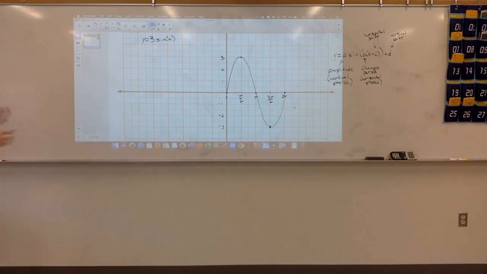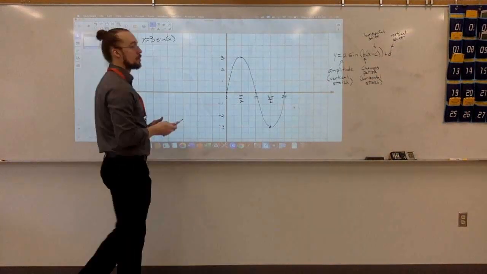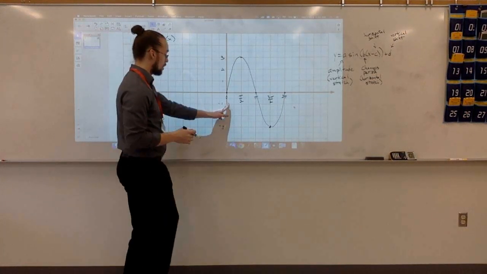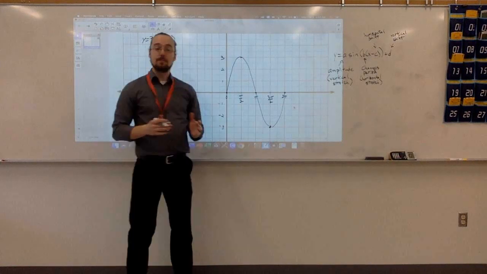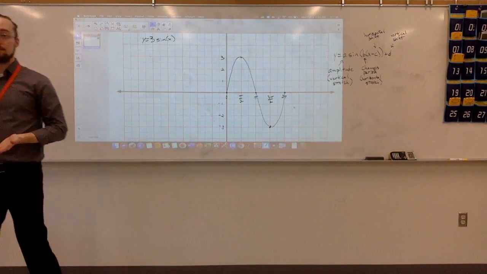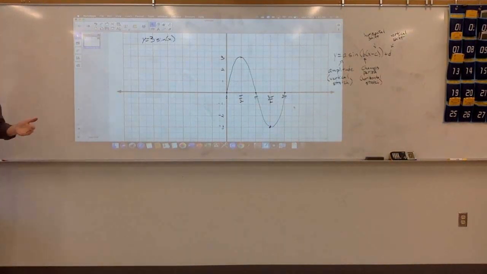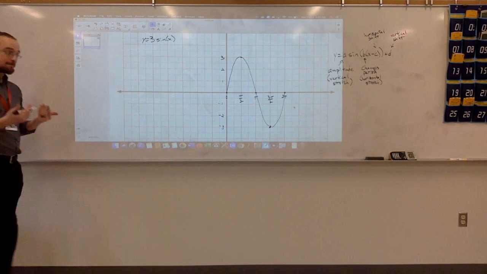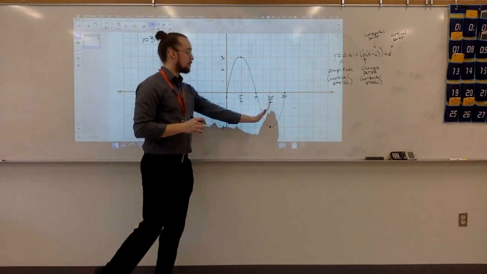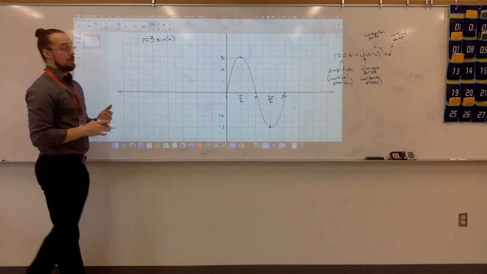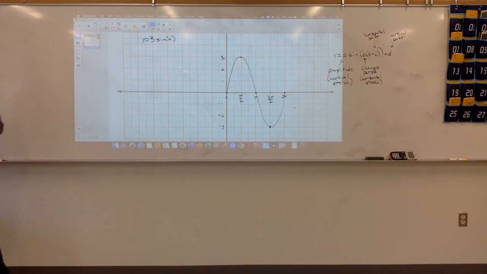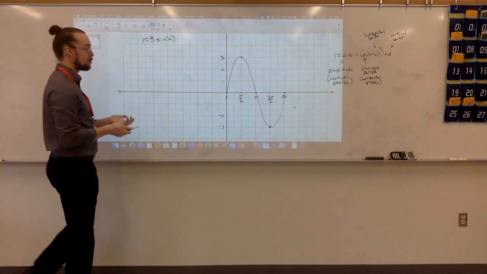The key things that I'm going to be looking for on these graphs are labeling your 5 key points on the x-axis. You're starting and ending point for one period, and then cutting that into fourths. So our normal period for sine and cosine is 2 pi.